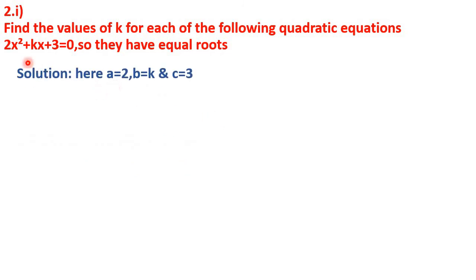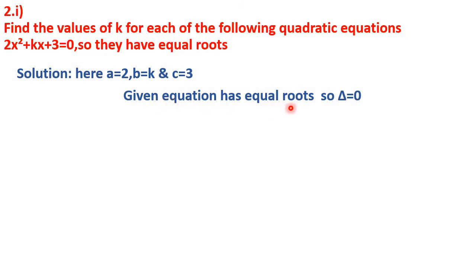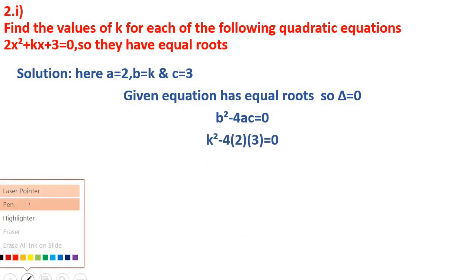Here a is equal to 2, b is equal to k and c is equal to 3. Now it is given that the quadratic equation has equal roots. Therefore, if the roots are equal, then delta is equal to 0. If delta is equal to 0, b² − 4ac is equal to 0. Now substitute the values of a, b, c.